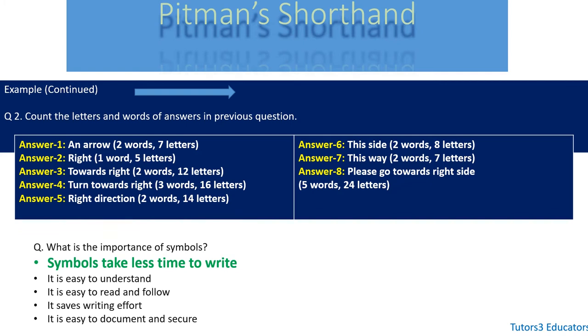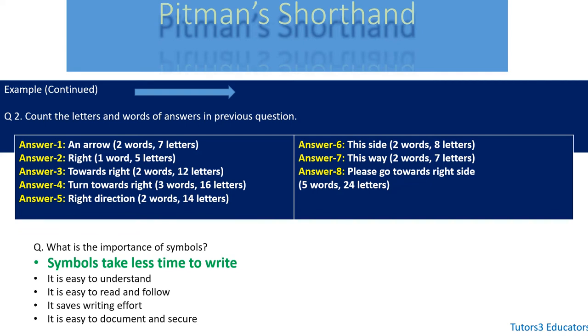And the arrow is drawn only once, one arrow. It shows please go towards right direction, maybe turn towards right. So this is the shorthand symbol, and these are the words we speak.